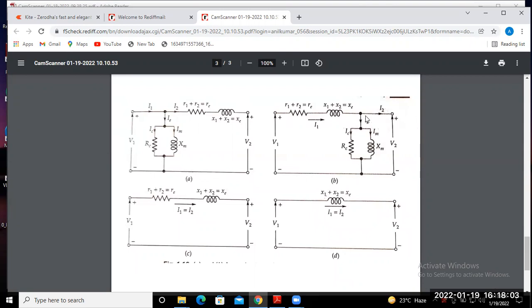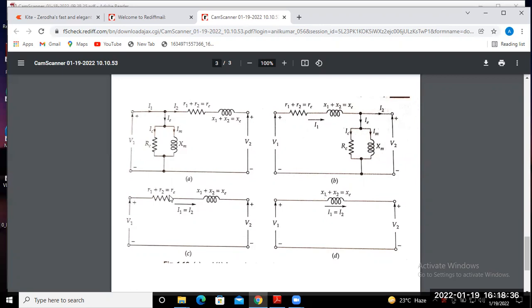This branch is for the exciting current or no load current, which compared to the rated current of the transformer is very small, 2 to 6%. For example, if a transformer has a rated current of 100 ampere, then the no load current is only 2 to 6 ampere. So the no load current may be neglected compared to the rated current, and we get the simplified circuit in this form.